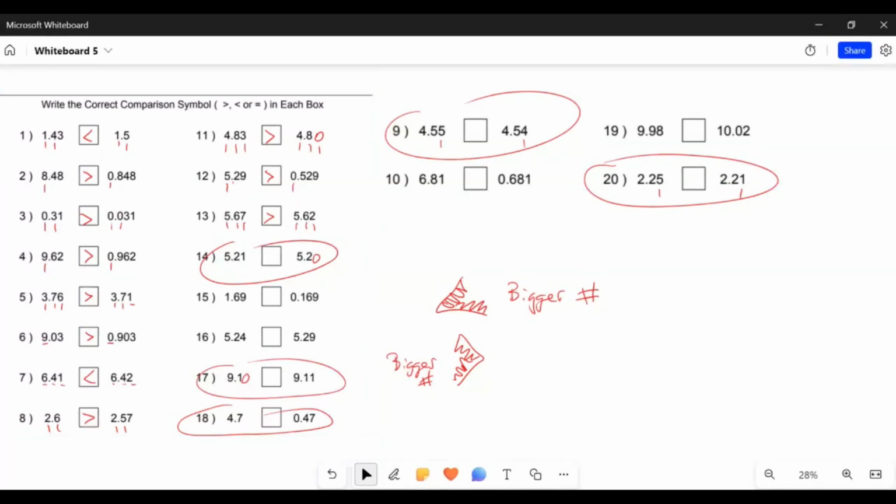Okay, now we're going to switch to comparing fractions. It's a little bit different.